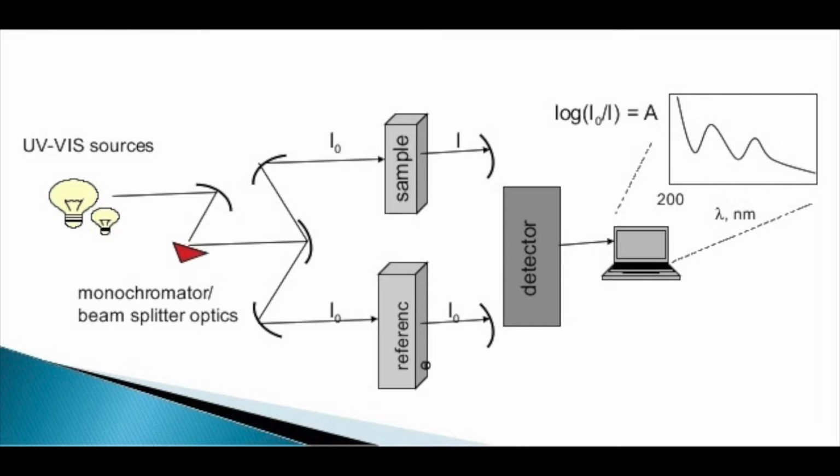Light source: tungsten filament lamps and hydrogen deuterium lamps are the most widely used and suitable light sources as they cover the whole UV region. Tungsten filament lamps are rich in red radiations. More specifically, they emit radiation of 375 nanometers, while the intensity of hydrogen deuterium lamps falls below 375 nanometers.